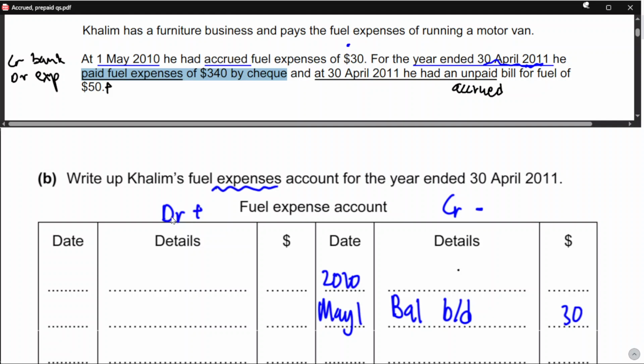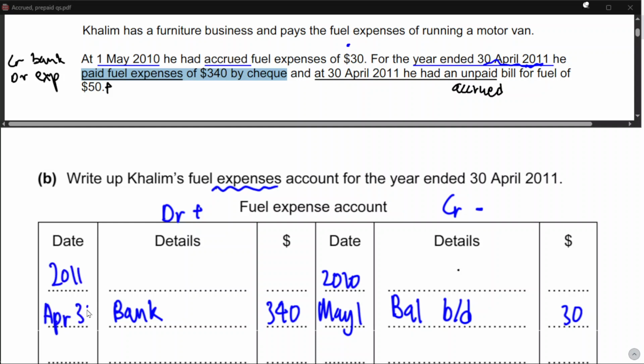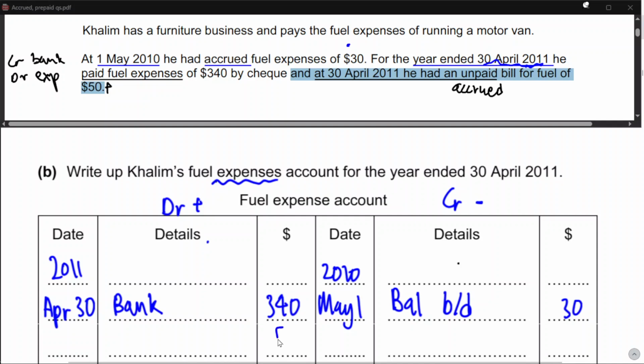Expense debit bank, 340 on 2011 April 30. Then plus 50. Last day, so it's balance CD.